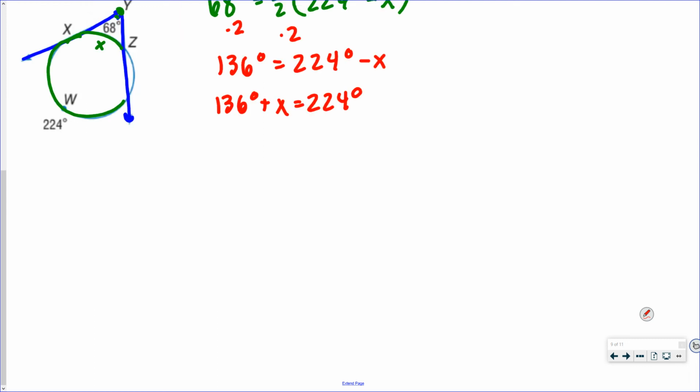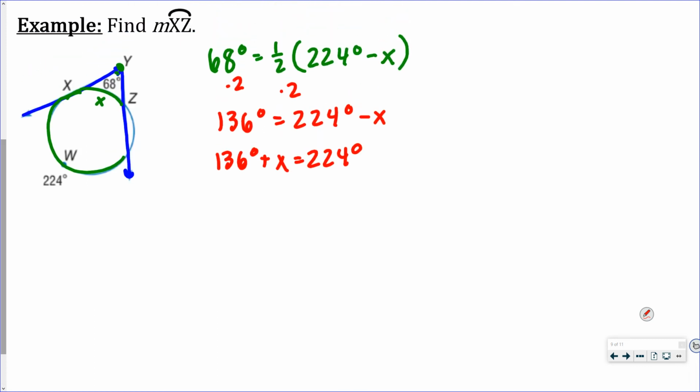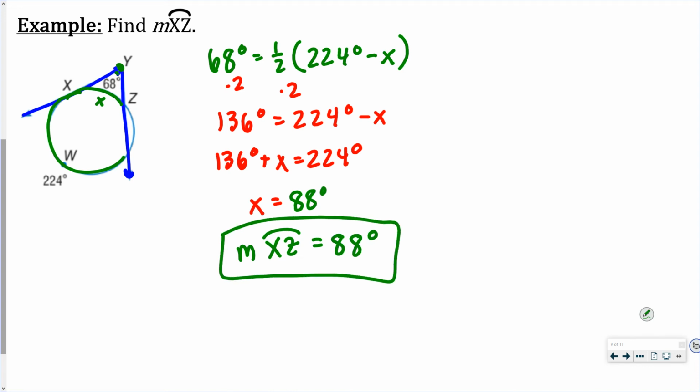I know a lot of you don't really need to show work to do that, and that's okay with equations. But after we find x, oh yeah, that is what we were finding. So the measure of arc XZ, oh sorry, that's 88. I did my math wrong. 88 degrees. Arc measure, label it degrees.